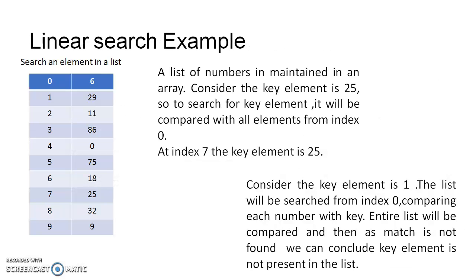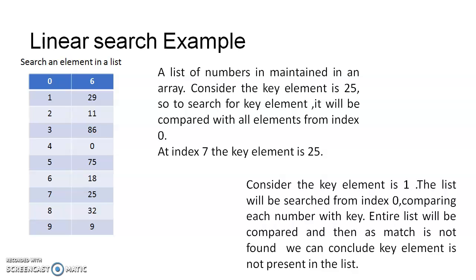Now let's have a look at the example of linear search. Suppose we have a given list of elements stored in an array. Consider that the key element to be searched is 25. So it will be compared with all the elements starting from index 0. The search continues till the desired element, the key element, is found.